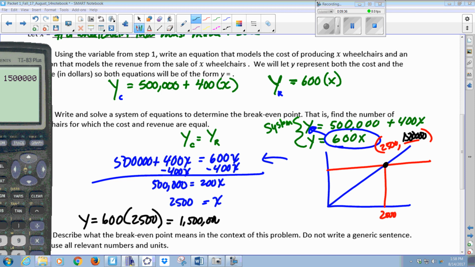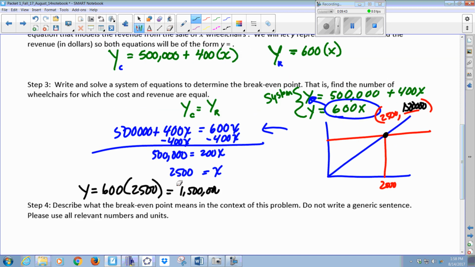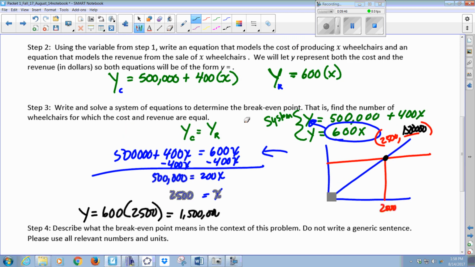That's their break-even point. You can also check this by putting 2,500 into your cost equation, and you better come out with exactly the same amount of money, 1,500,000, or else you've made a mistake. So that's one way to check yourself.